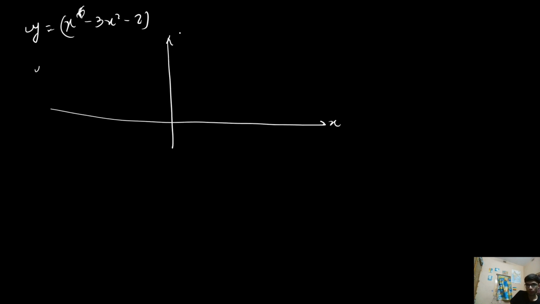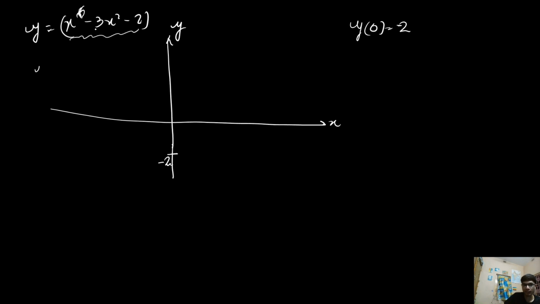For example, say you have an equation such that y is equal to x to the power 6 minus 3x square minus 2. If I try to get the graph, and put x is equal to 0, I will get the value of minus 2. So this graph at x is equal to 0 is minus 2.